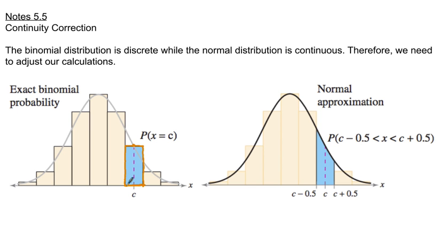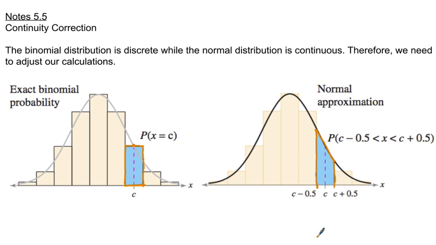Now, to have the normal approximation, we're finding the area under the normal curve, just like any other normal probability problem, and that area is not a nice rectangle.